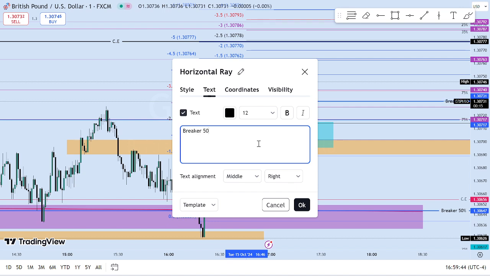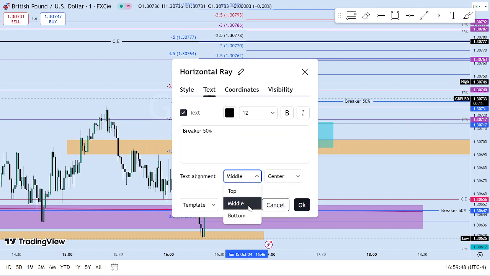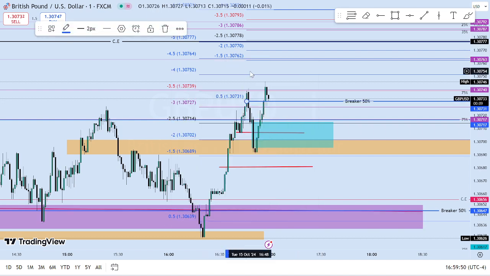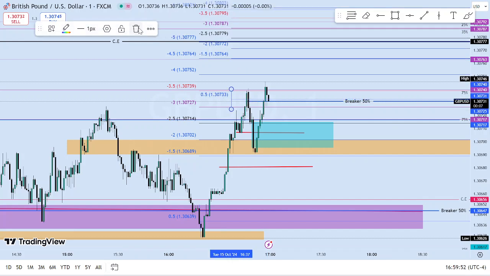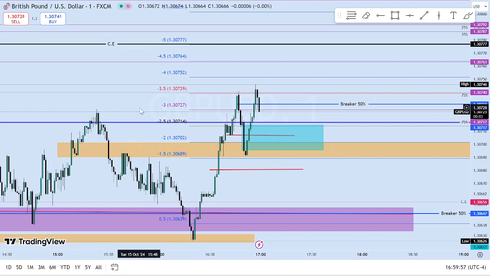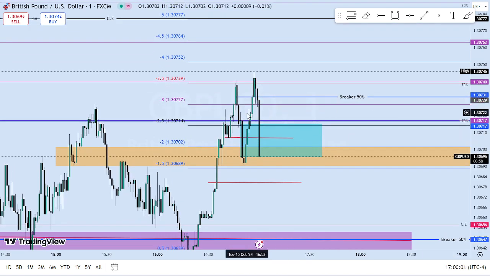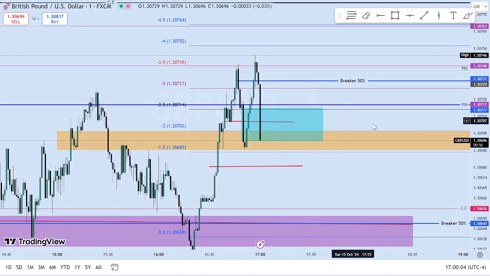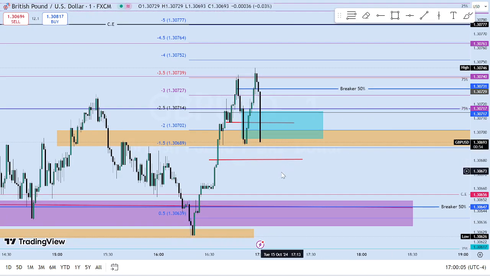Break your 50% and remove it. Yeah, we have a little, consider speed as volatility.